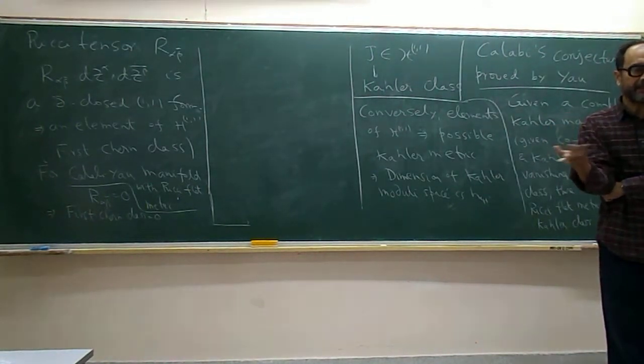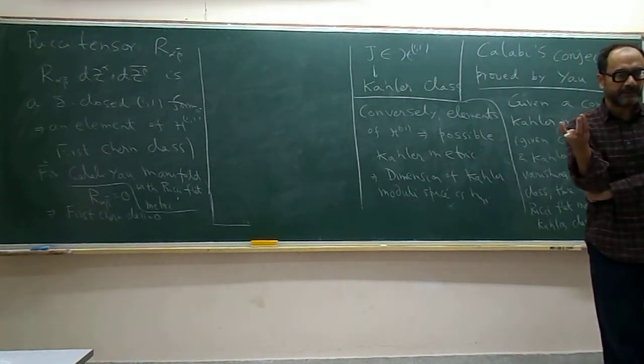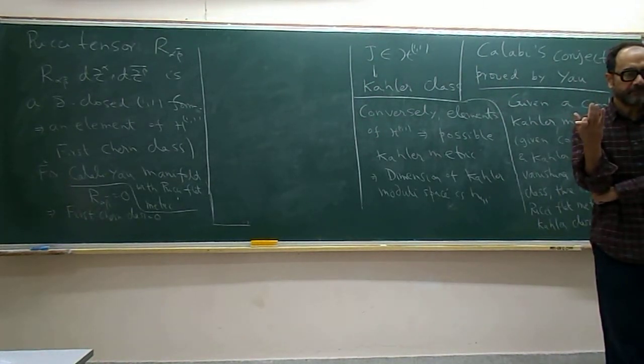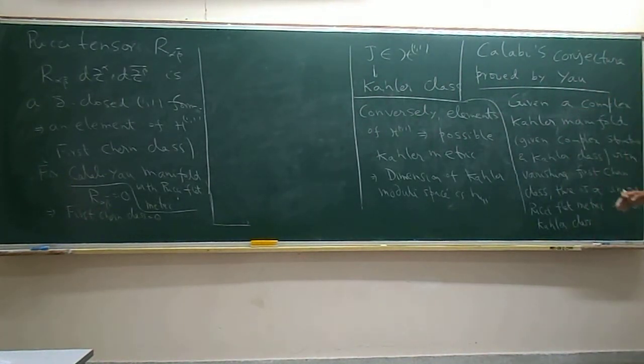So there is a local integrability condition, but on top of that, there is a global integrability condition. And the claim is that both of these conditions are satisfied and you can actually find a global solution to these differential equations if the first Chern class is 0. Is this point clear?